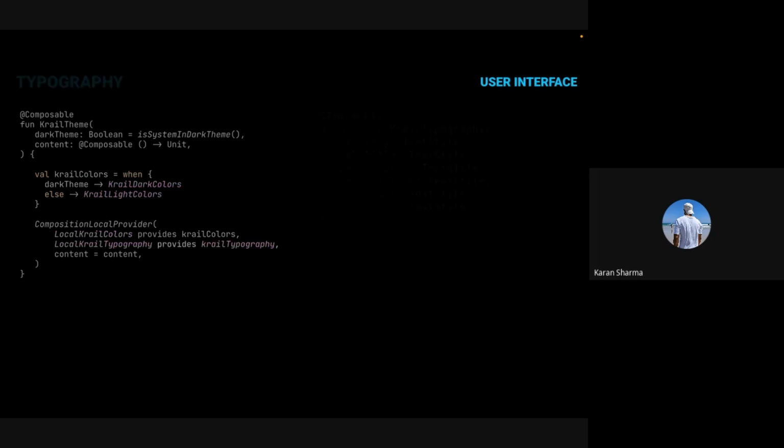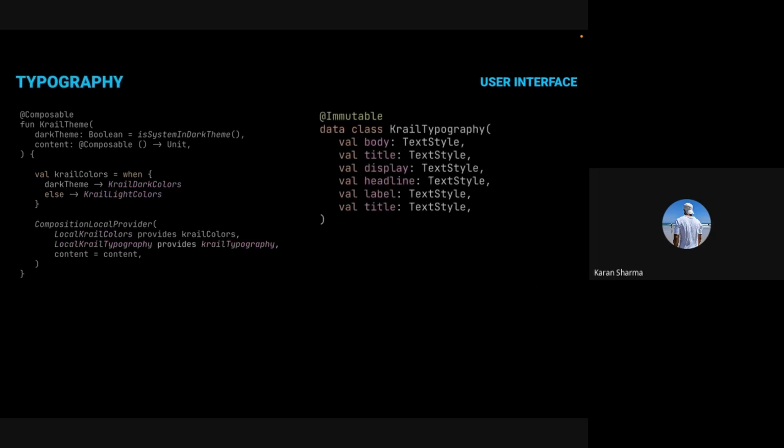After that, we also have the typography styles defined, which is basically the text style in Jetpack Compose: how the body text would look, how the heading or the title would look. It would have a different font, font size, or font weight. All of those things are pre-configured here. So this is how my text looks, and we provide that using a composition local provider.